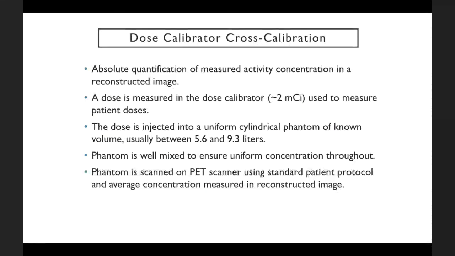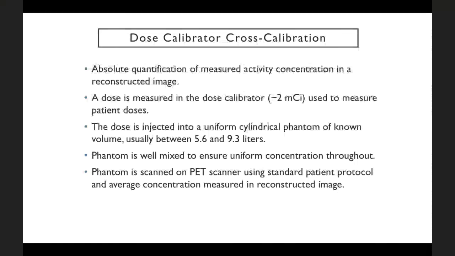A very important calibration is also required in order to do quantitation, and that's between the dose calibrator, where we're going to measure the dose that goes into the patient, and the scanner. So we need to have an association between activity and the output from the system.